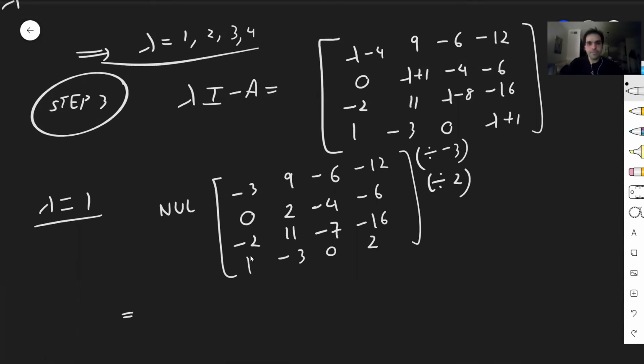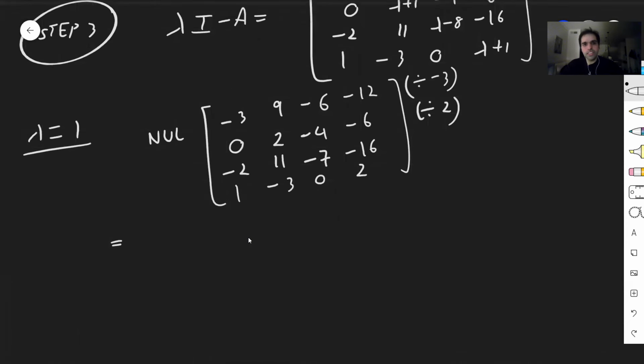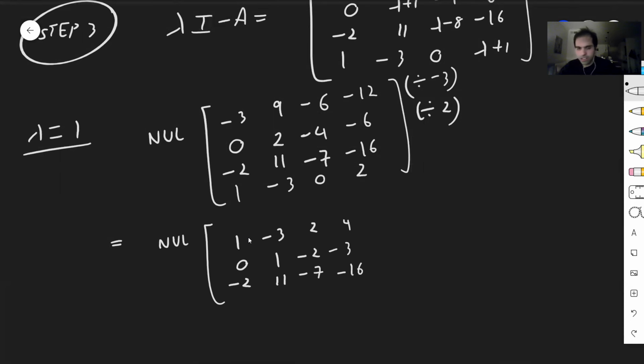And then what you get is the null space of 1, minus 3, 2, 4; 0, 1, minus 2, minus 3; minus 2, 11, minus 7, minus 16; and then 1, minus 3, 0, 2.